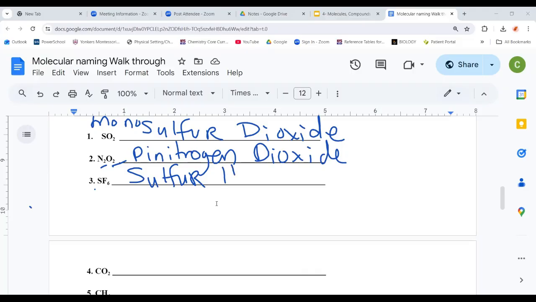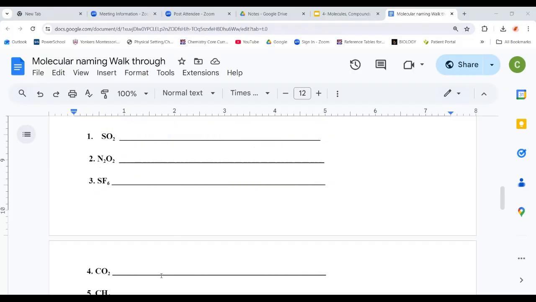And then I have 6 fluorine, so I'm going to put hexa for 6, and then fluor, and then at the ine, which is the second to last vowel, I'm going to change it to ide. Hexafluoride, sulfur hexafluoride. Sorry, guys, my stylus is not working, and so that makes my handwriting extra sloppy because I'm doing this with my finger. All right.